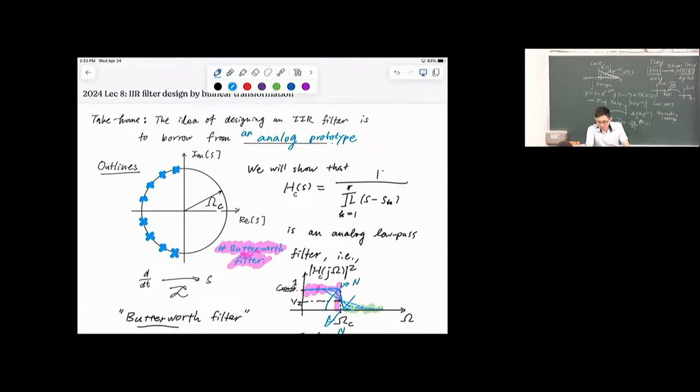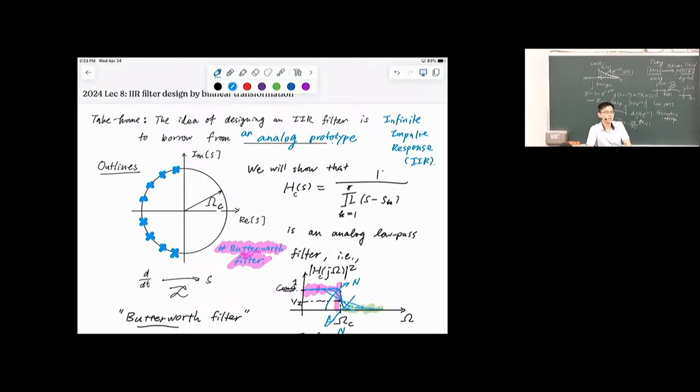And just to make sure that we all know the terminology, IIR stands for infinite impulse response. In contrast, later we will talk about FIR. That's IIR. That means this system is going to have an impulse response that lasts forever, that never goes to zero.